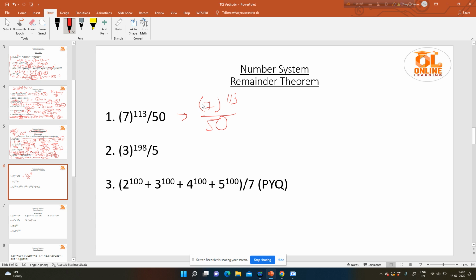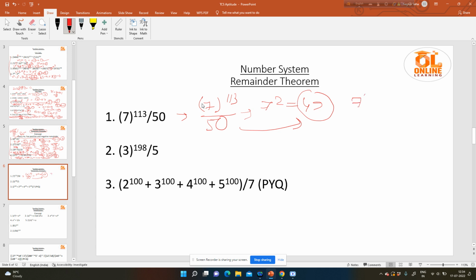So we have to find such numbers from which we can easily find the solution. If we do 7 square, 7 square is 49, right? So that is close to 50. We have to find some numbers that will be close to the number by which we are dividing.